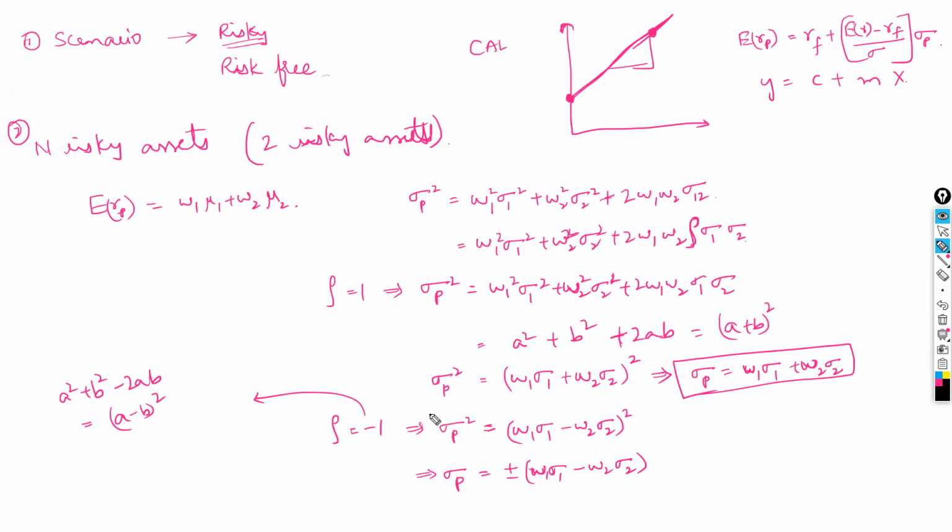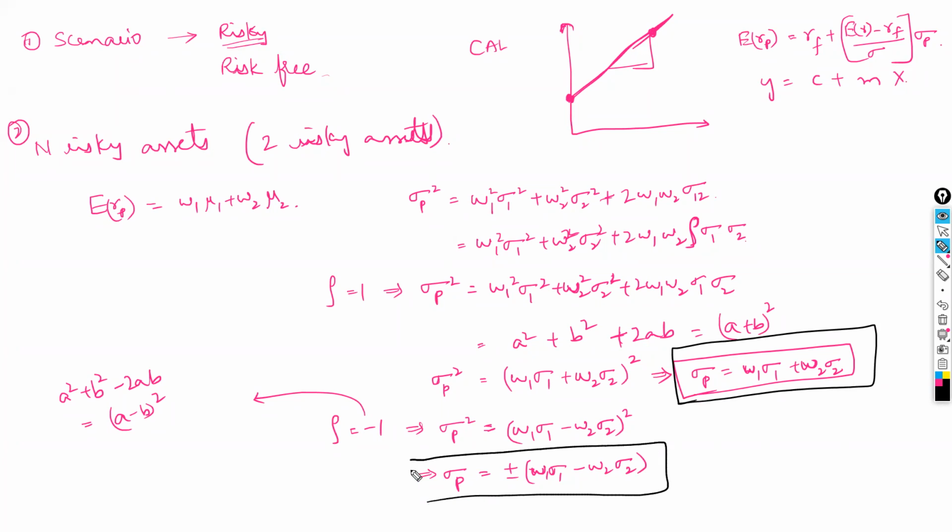These two equations are extremely important for a further discussion. What are those two? This one and this. These two are extremely important. And let me explain that when rho equal to 1, this equation is similar to the equation of a line.